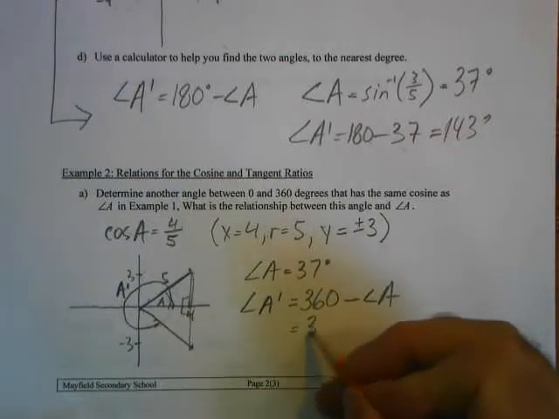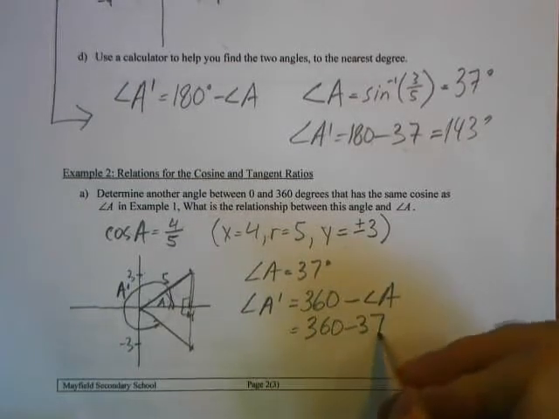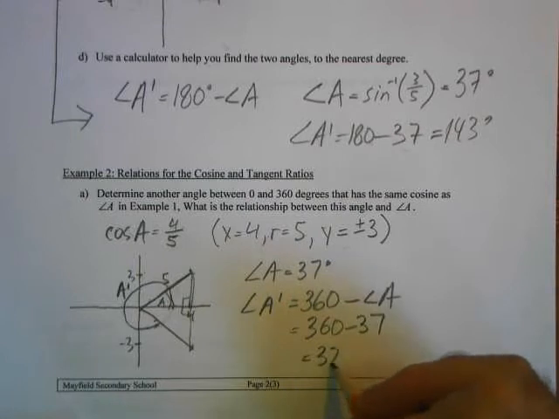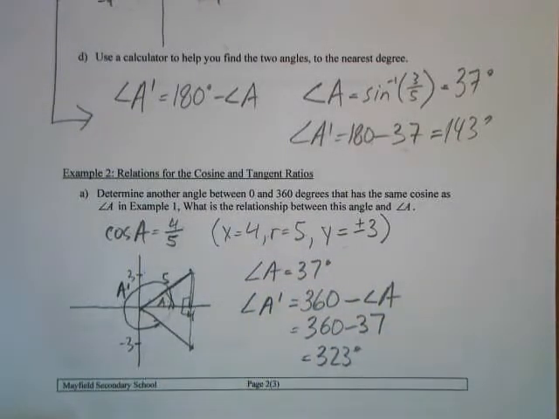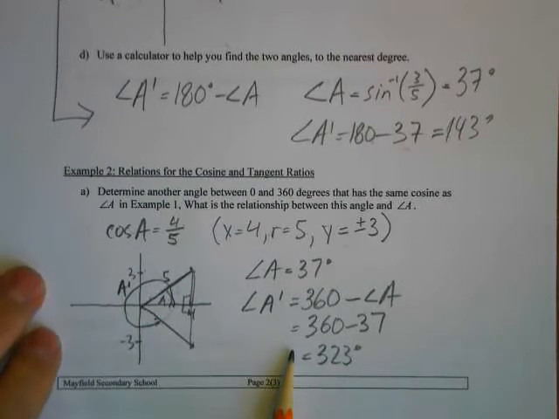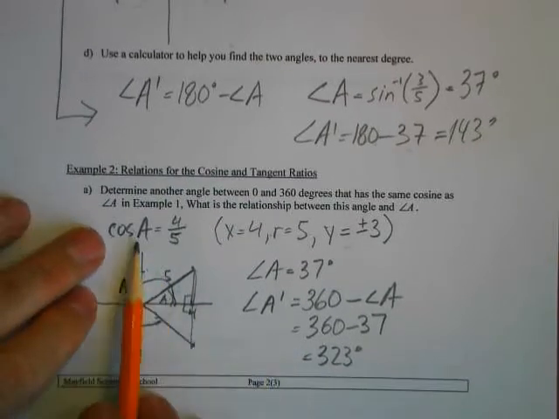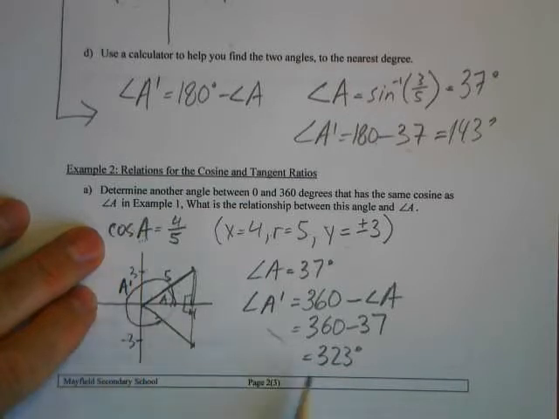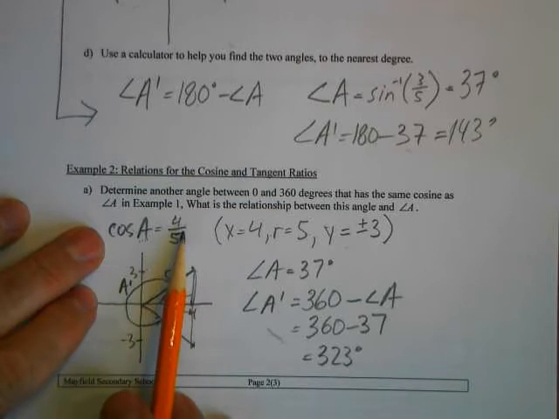Okay, so in this case it's 360 minus 37, which is 323 degrees. And you could try this out as well. You can test this by saying, okay, let's see if that works. Cos of 323 degrees will be approximately 0.8 or 4/5.